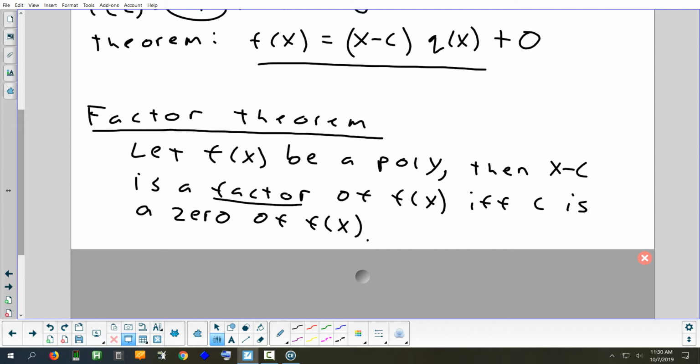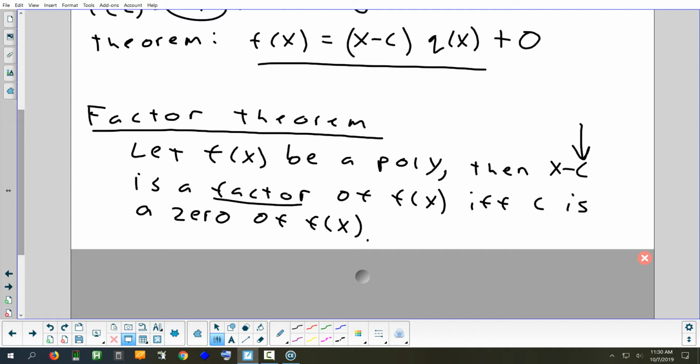Okay, so f of x would be your numerator. You're dividing by x minus c. And if x minus c is a factor, then that means this number has to be a root. It has to be. Okay, and I wrote this as IFF, meaning you can read it both ways.